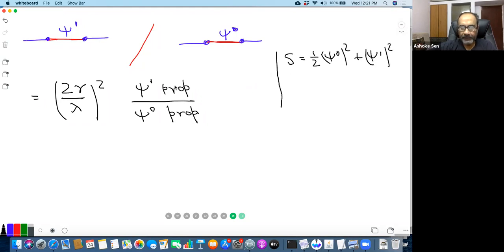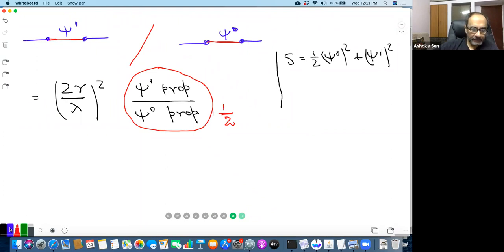And because the propagator is the inverse of the kinetic operator, this shows that this ratio over here is actually half, because of the psi1 square having twice the coefficient of the psi0 square.